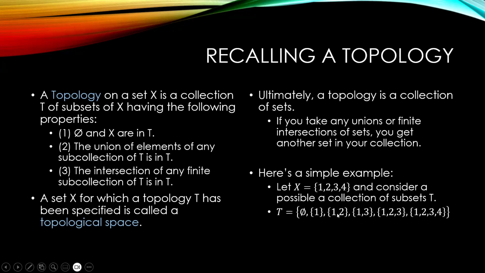For instance, if we take {1, 2} union {1, 3}, we get {1, 2, 3}. If we do the intersection, we're going to get another set. {1, 2} intersect {1, 3} gives us {1}. This is a very good structure. We've been able to do a lot with it, but we need something new.